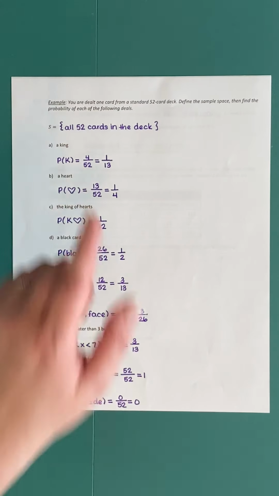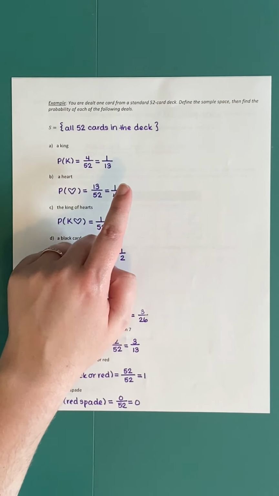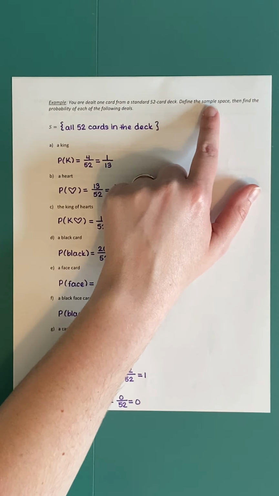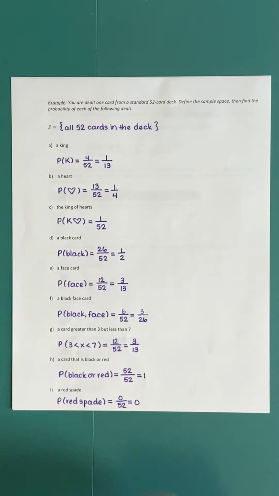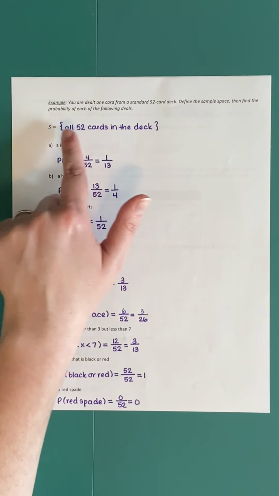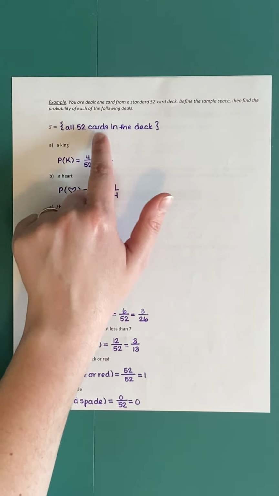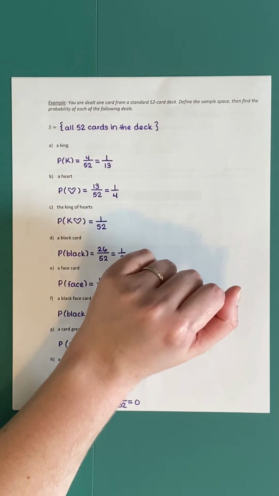Okay, so our experiment is dealing one card from the deck. That's the action we're taking. So the sample space is going to be the total number of ways we can get an outcome from performing this experiment. Well, if the experiment is dealing one card, then the total number of outcomes are going to be 52, because the different outcomes are going to be each of the individual 52 cards in the deck.